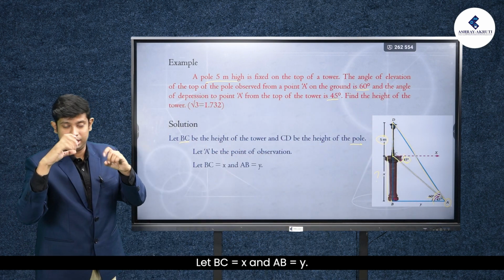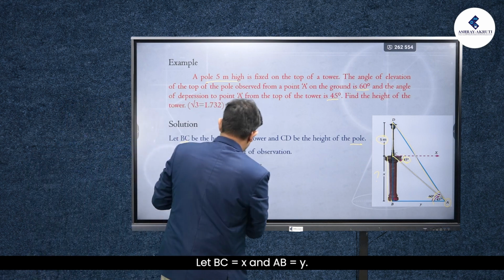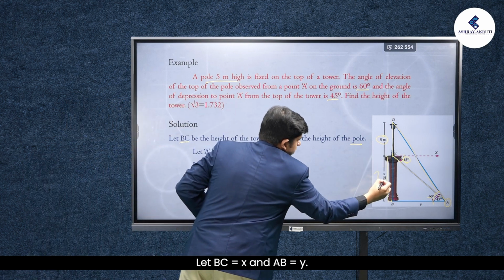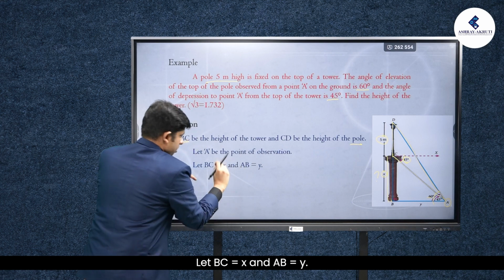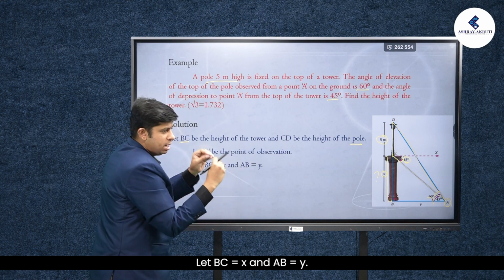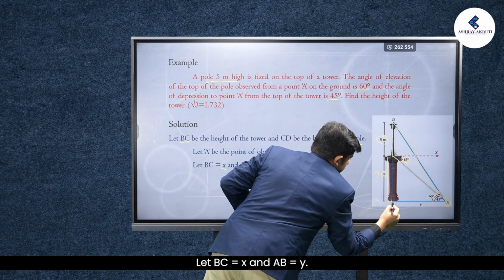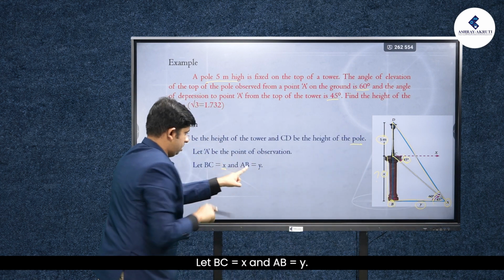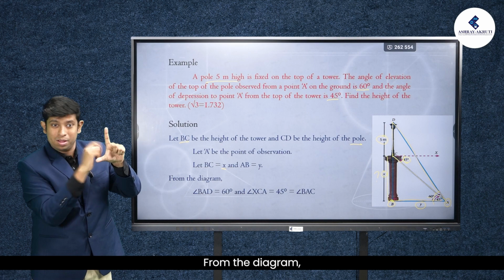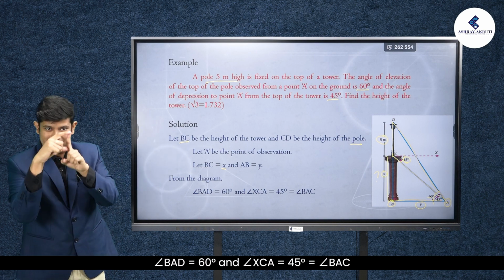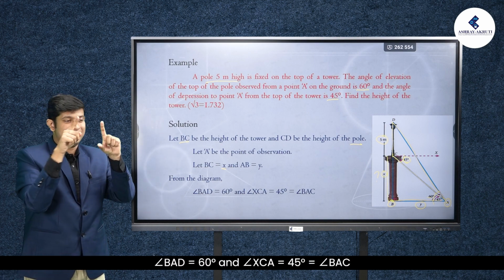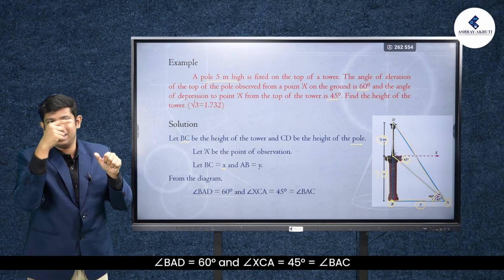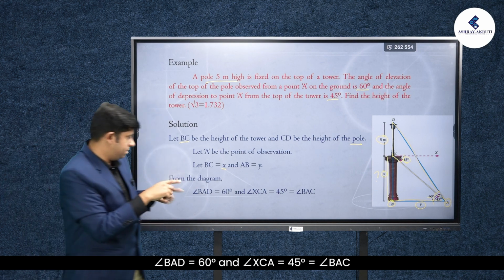Let BC is equal to x and AB is equal to y. From the diagram, angle BAD is equal to 60 degrees and angle XCA is equal to 45 degrees, that is equal to angle BAC.